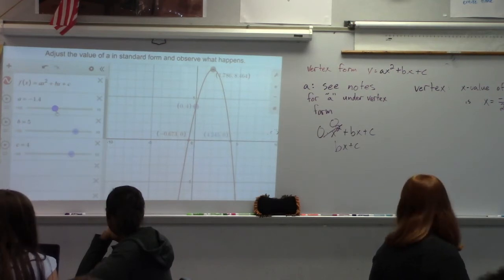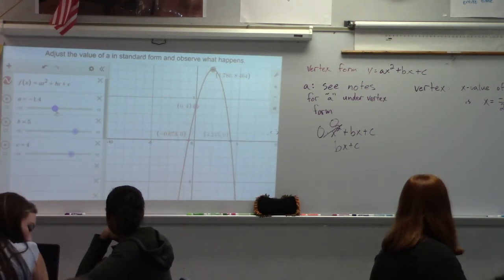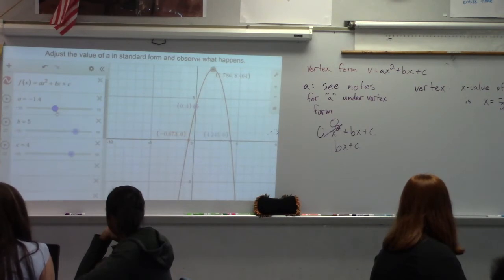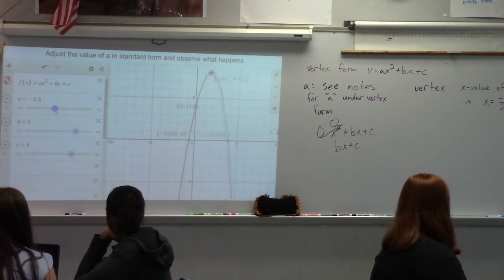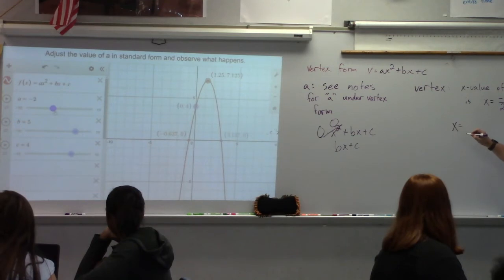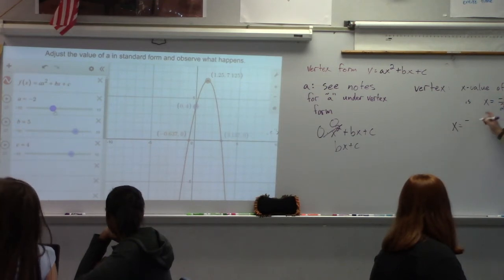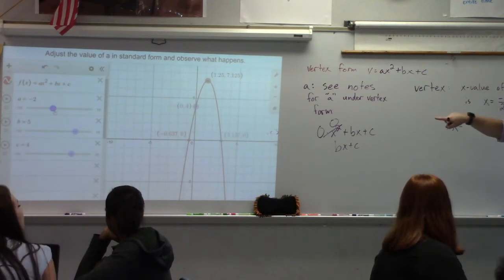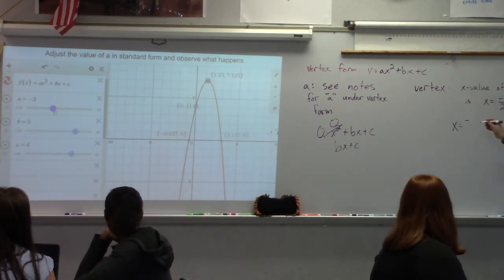Okay? So here's why it appears that that parabola is just transporting over to the other side. I'm going to make it a nicer a value. So right now, x is equal to, now it's negative b, so that's the opposite of b. Currently b is a positive 5, right? So what's the opposite of a positive 5?